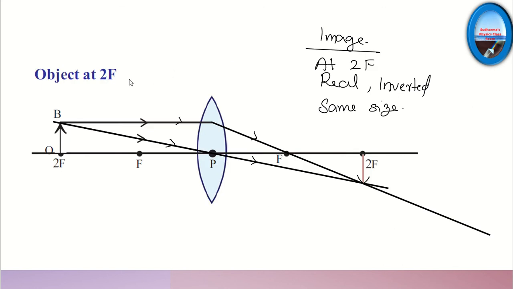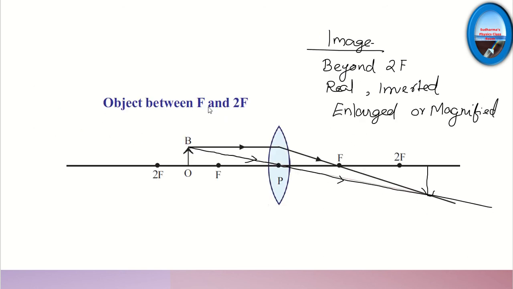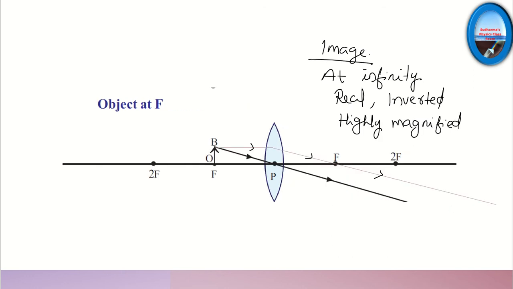Then when the object is at 2f, we get the same size image at 2f on the other side of the lens. When the object is between f and 2f, the image is formed beyond 2f, real, inverted, and magnified or enlarged. And when the object is at the focus, the image is at infinity, real, inverted, and highly magnified.